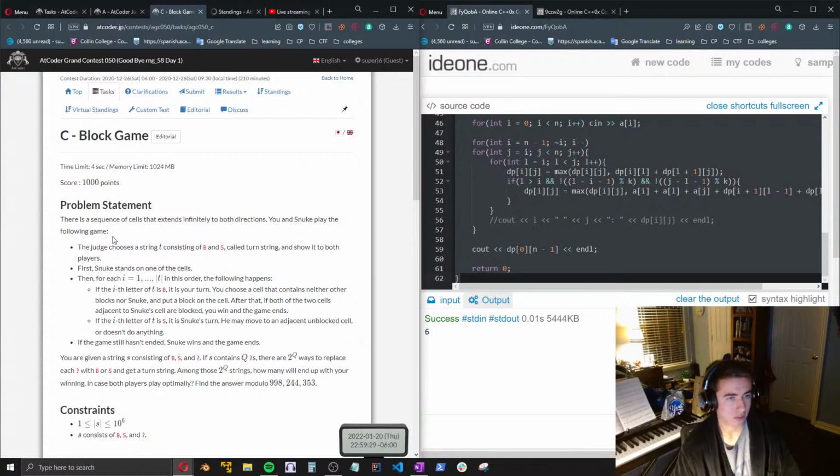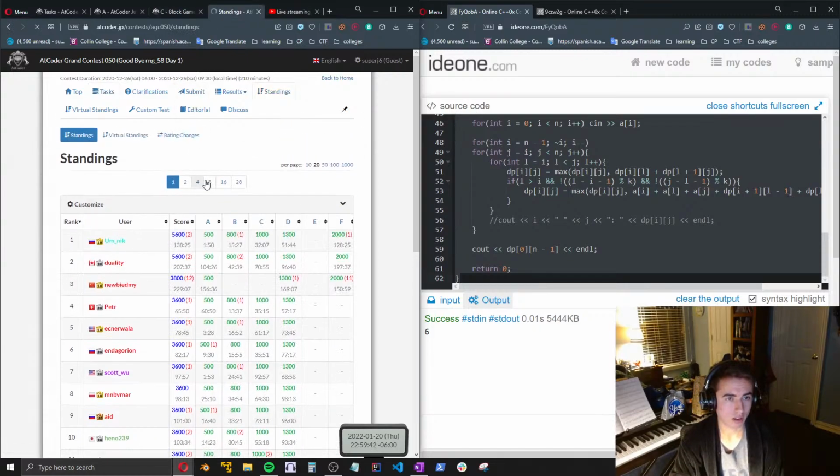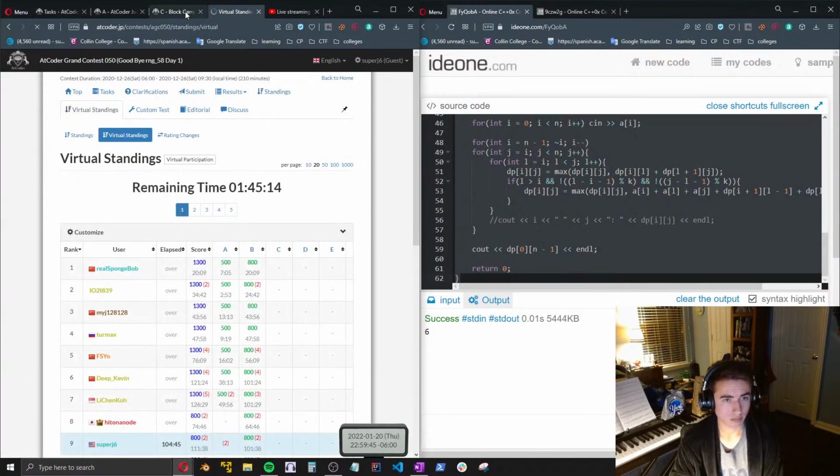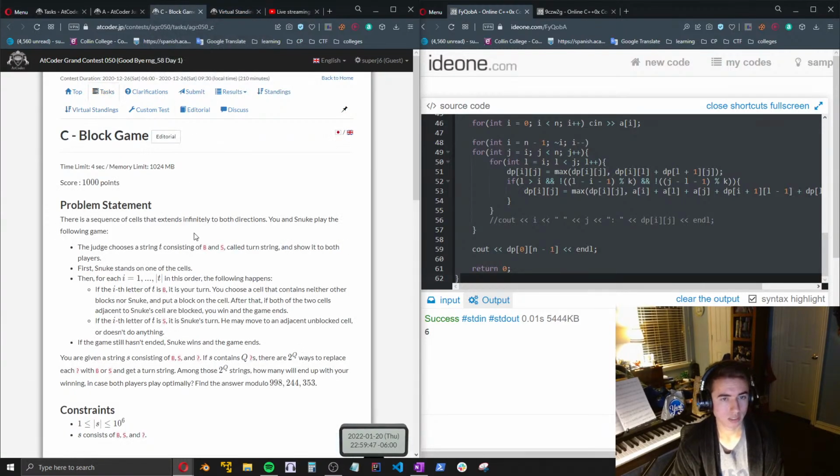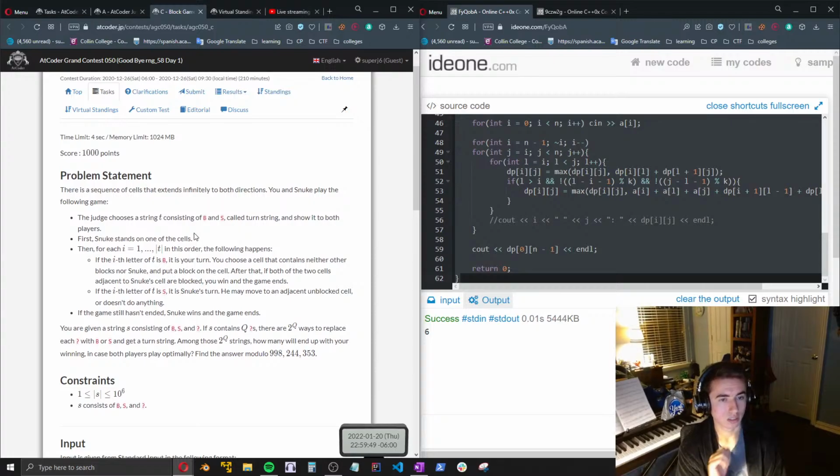Block game. There's a sequence of cells that extends infinitely in both directions. You and Snook play the following game. The judge chooses a string. Let's go back to the original statement. The judge chooses a string T consisting of B and S, called the churn string, and shows it to both players.